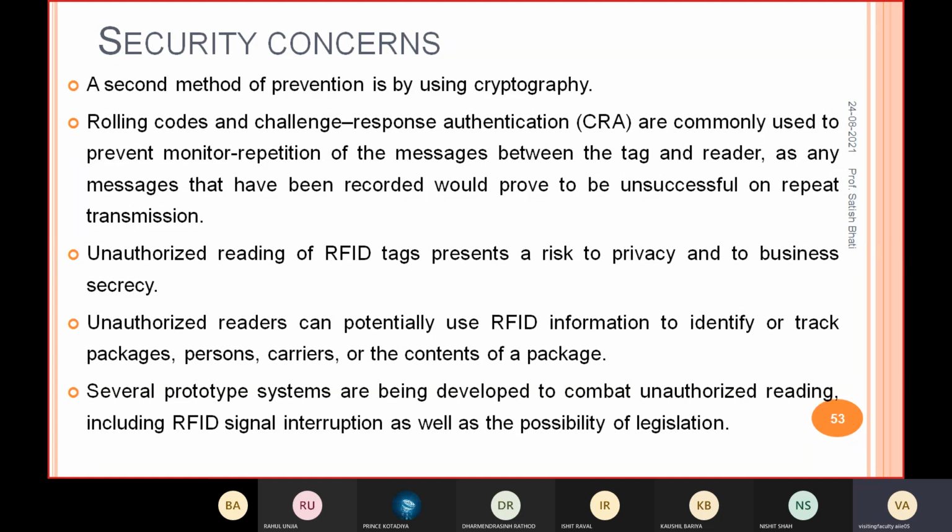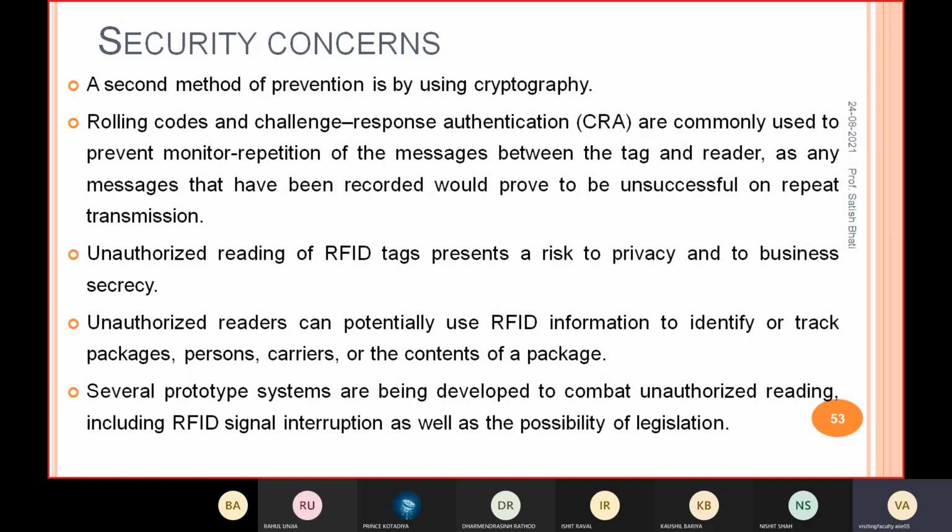So if somebody tries to hack or track, doing the process multiple times, repeating the transmission, then using this cryptography we can find out whether somebody is doing it or not.